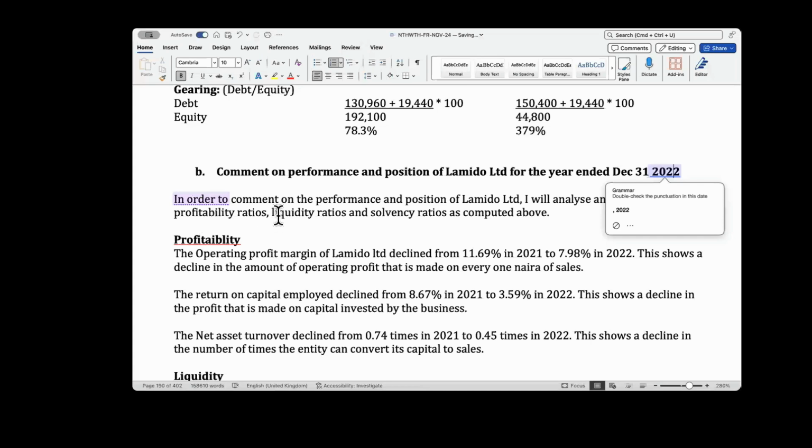I told the guy that in order to comment on performance and position of Lamido, I will analyze and interpret the profitability ratios, liquidity ratios, and solvency ratios as computed above. Then I started with profitability ratios.